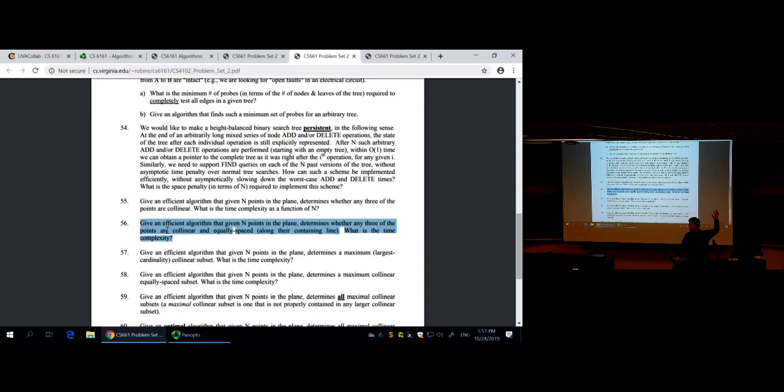How many worked on this one? Okay. How many have an algorithm for this one? Okay. Fewer people than worked on it, that's okay. How fast is your algorithm? N squared. N squared log n. Okay, n squared log n you can do. This one you can do in n squared without too much difficulty.